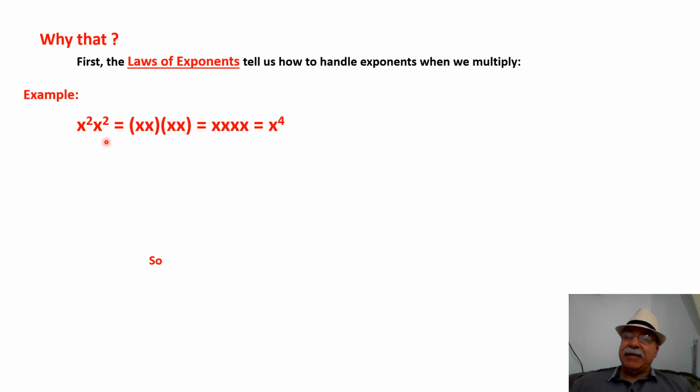In the same base, we add the powers. If the base is the same, then in the law of the index, we add the power. That's why he said x to the power 4. That's why this is the result.